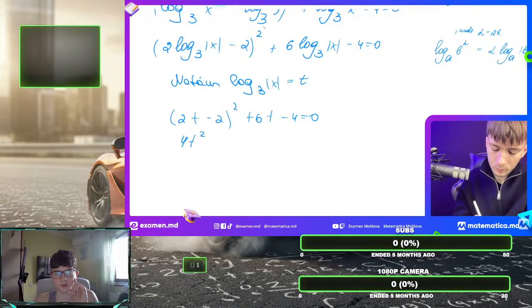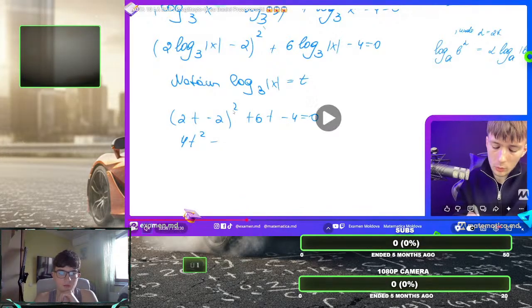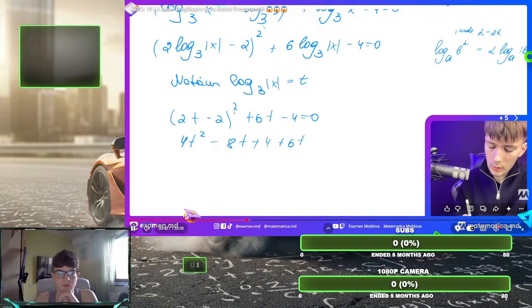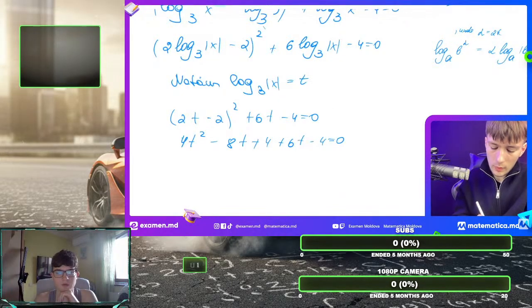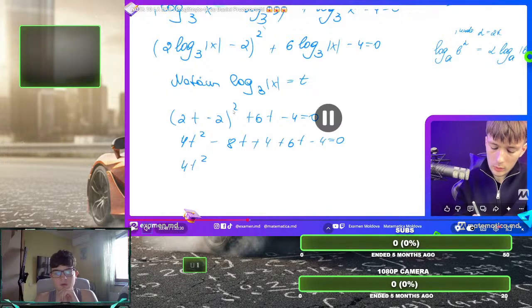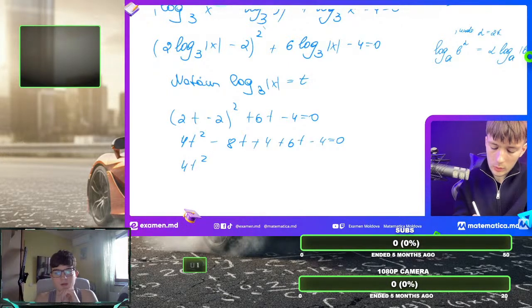Okay, so we have received this when we have swapped that expression with t, and now using the formula we will have 8t plus 4 plus 16 minus 4. So essentially we're going to get a quadratic, so we'll work with that.